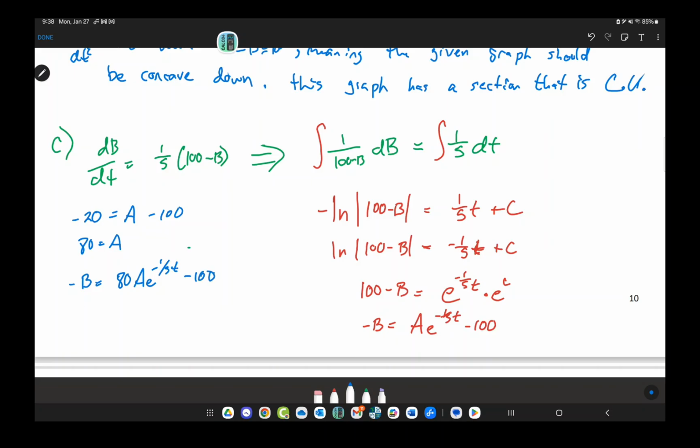And if you change all the signs, you get b of t equals 100 minus 80 e to negative 1/5 t.